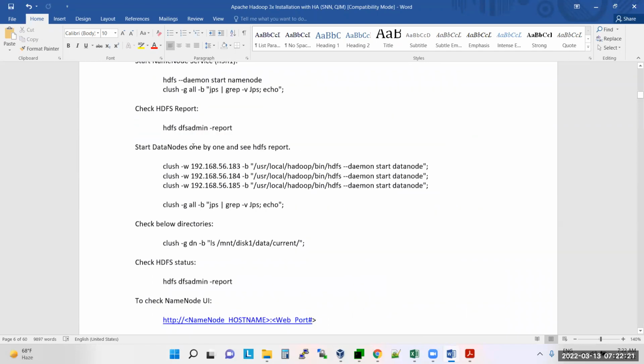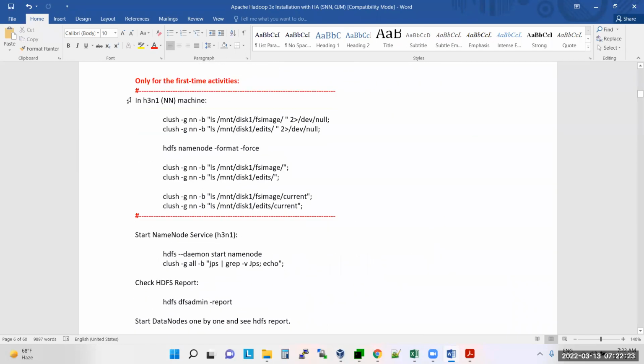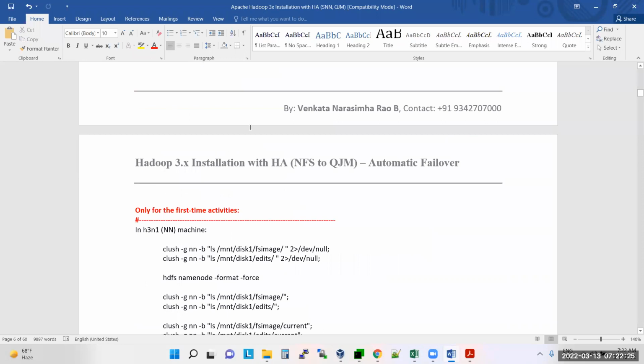Where is this validate XML? Validate XML file.